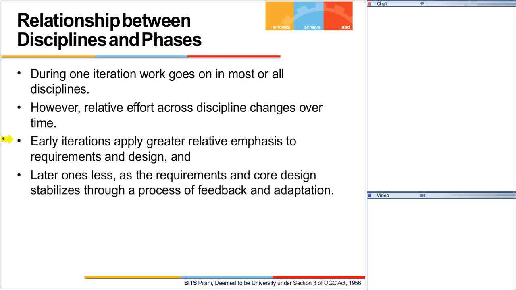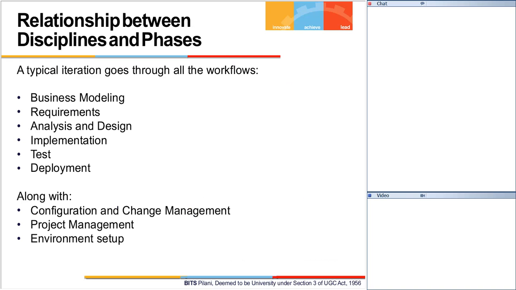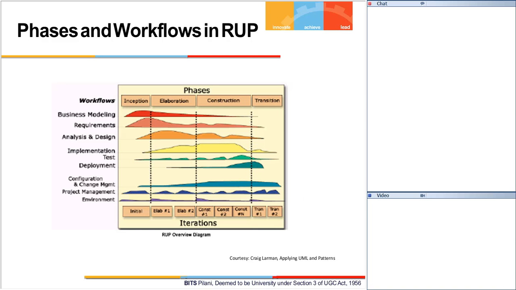So early iterations apply greater relative emphasis to the requirement and design. This we saw earlier. So the initial phases have more emphasis in requirements and design, right? They have their peak: business modeling, requirements, analysis and design. They have their peak in the early iterations, right?